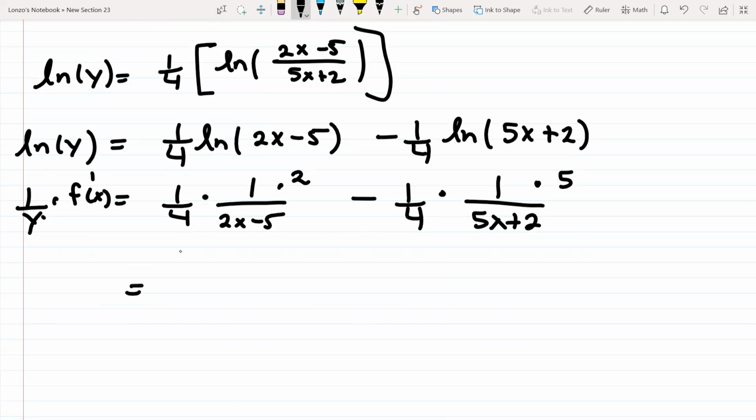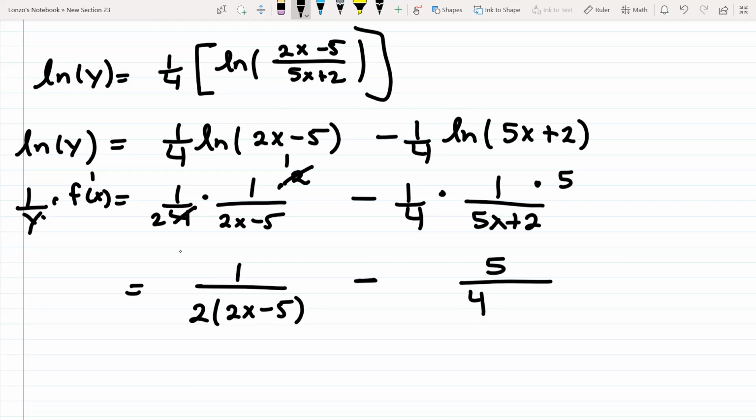So 1/4 times 2, the 2 and the 4 can be reduced, so this will become a 1 and this will become a 2. So this is going to be 1 over 2 times (2x minus 5), minus 5 over 4 times (5x plus 2). And then this is going to be 1 over y times f prime of x.